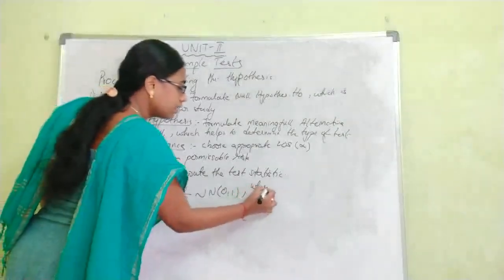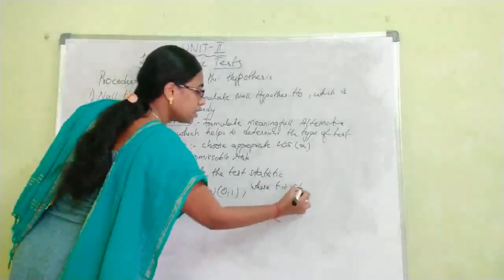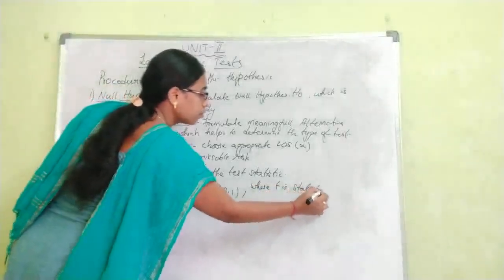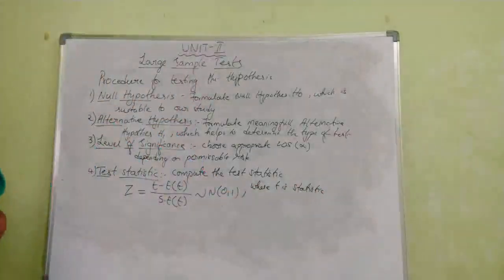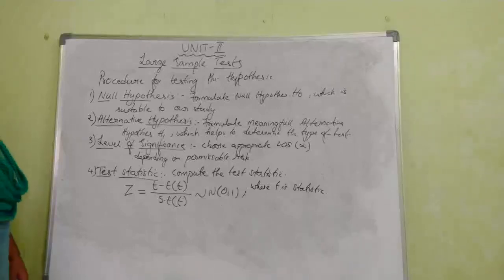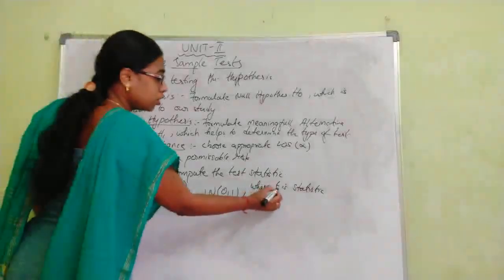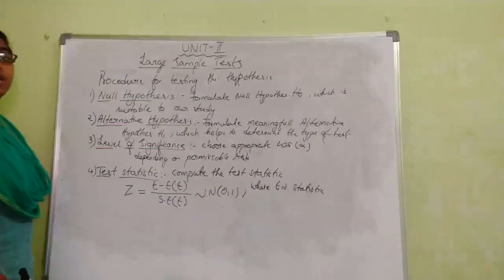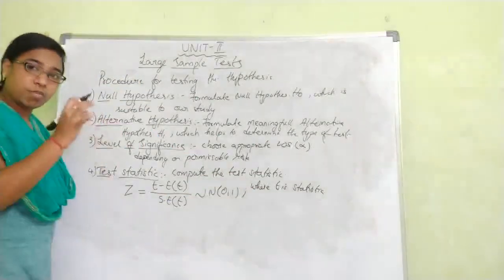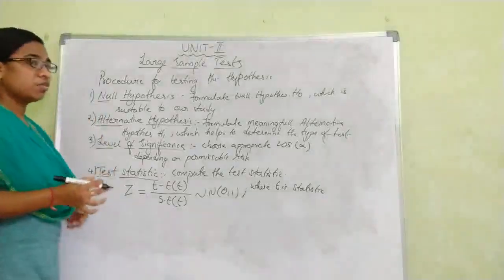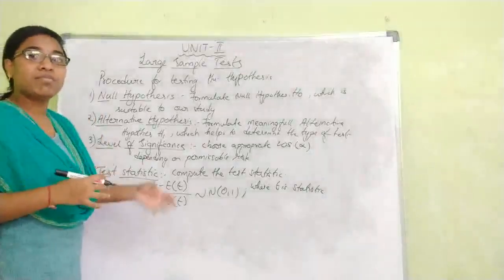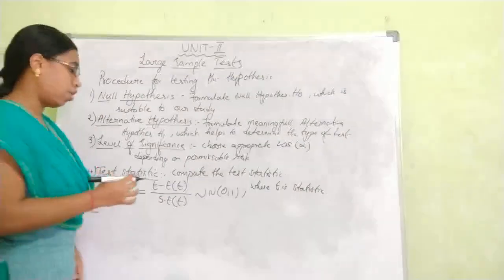T is the statistic which depends on the sample drawn from the population. So this t always depends on the population from which the sample is drawn.